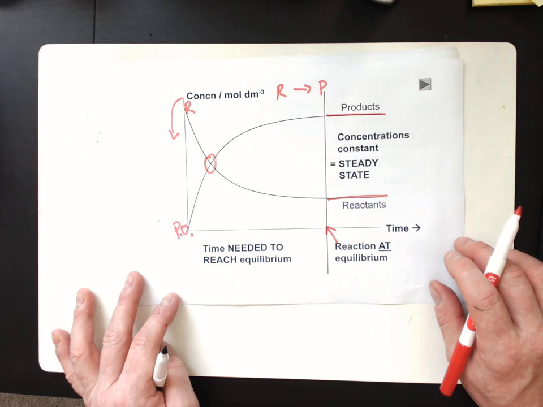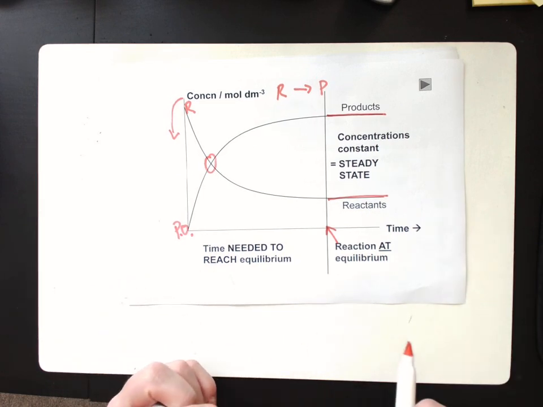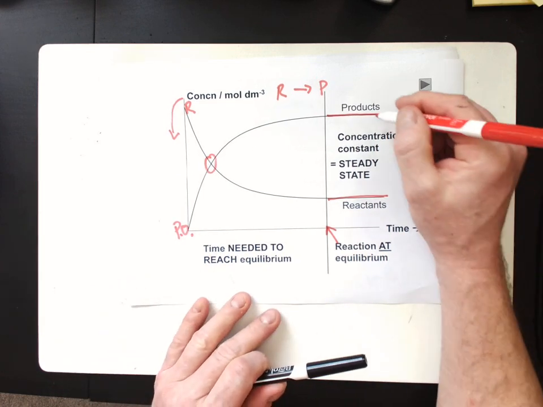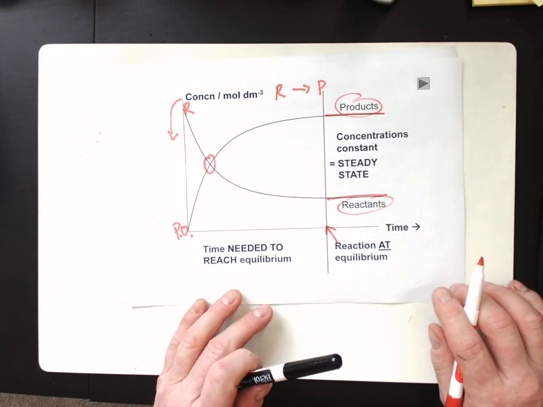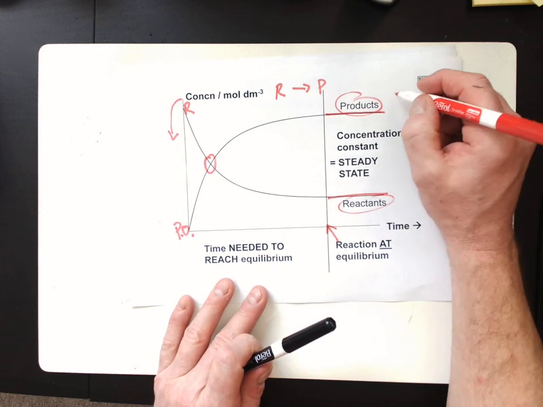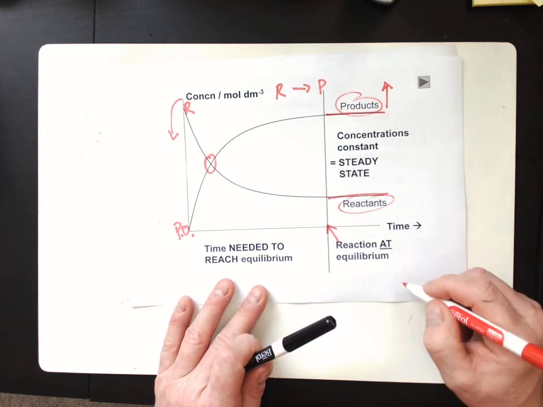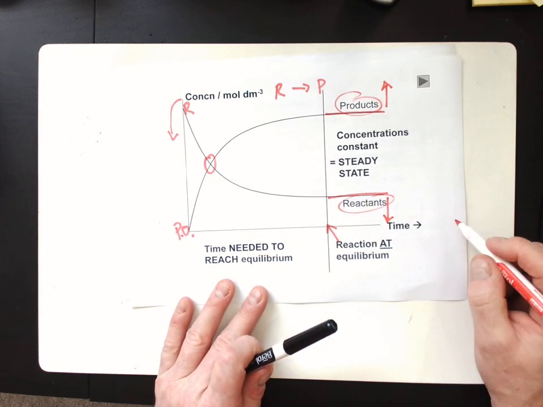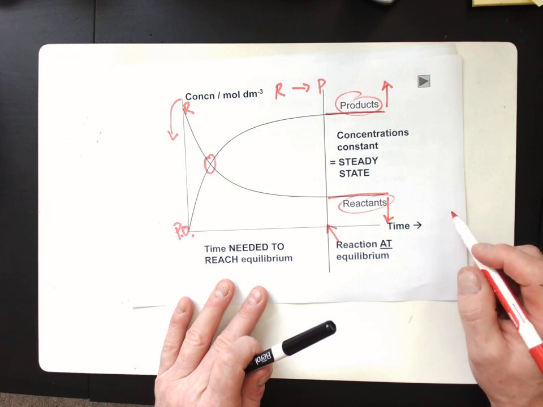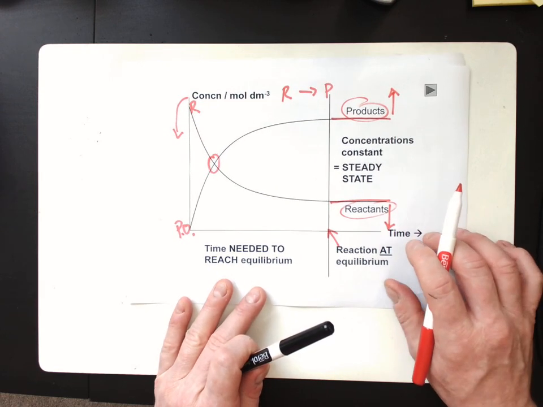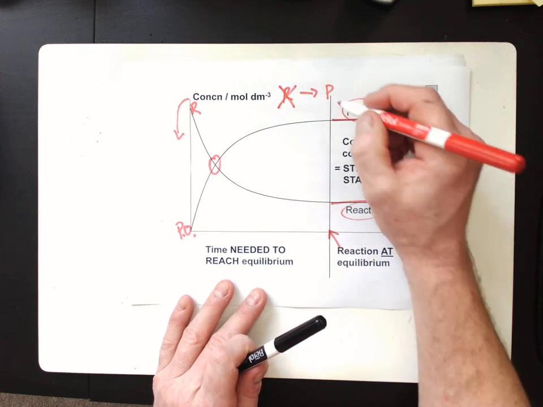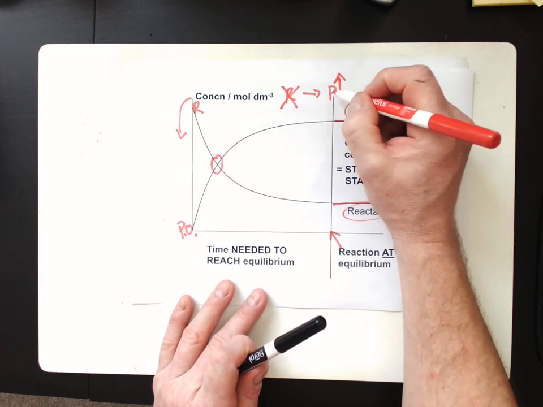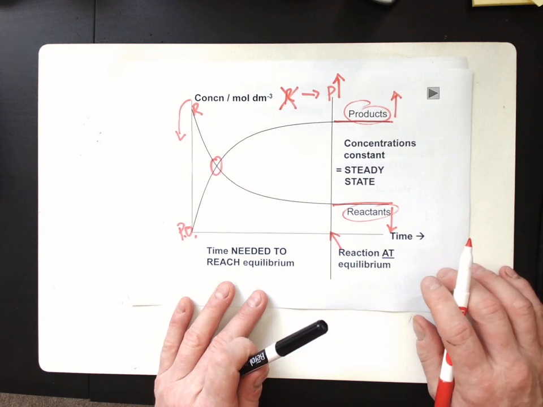Now, if you're an engineer and you're running a chemical process, what do you want to do to these two lines, to the line of products and the line of the reactants? Well, you want to push the products line up and the reactants line down, because at the end of your chemical process, you want to have none of that left, and you want to have as much product as you can possibly produce from your reaction.